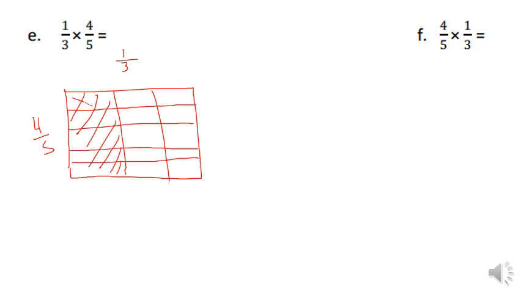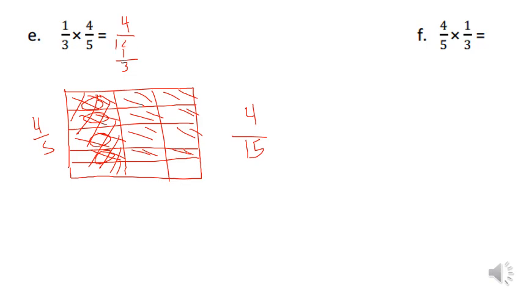Then I'm going to shade in 4 of the 5 of them. And we can see, we know this is a 3 by 5, so our denominator is going to be 15, and we have 1, 2, 3, 4 of them double shaded. And we know 1 times 4 is 4, 3 times 5 is 15, so they check.